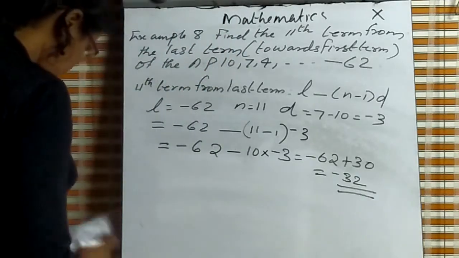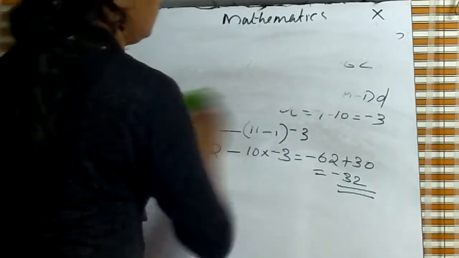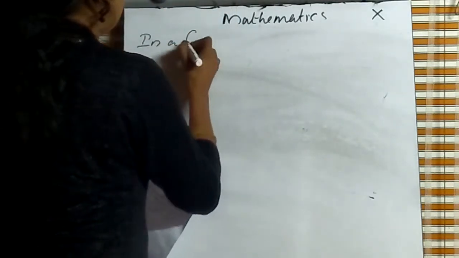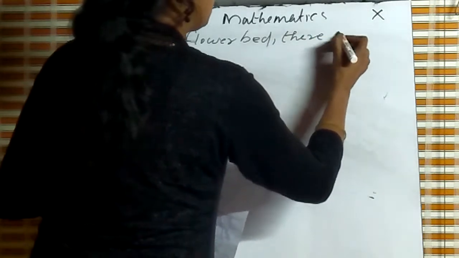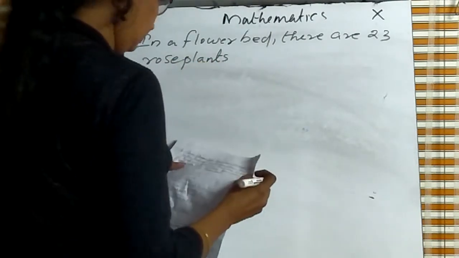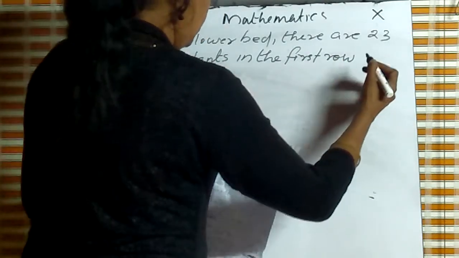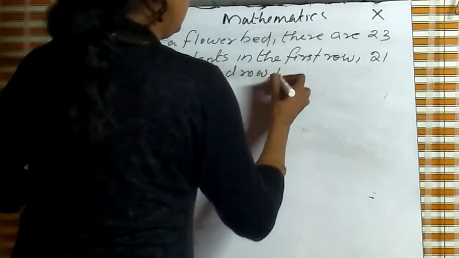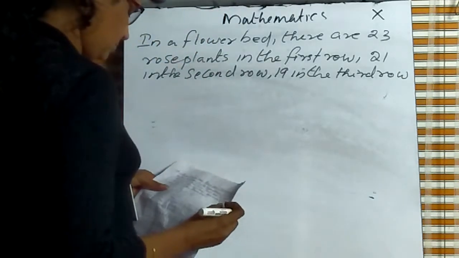Next question. In a flower bed, there are 23 rose plants in the first row, 21 in the second row, 19 in the third row, and so on.